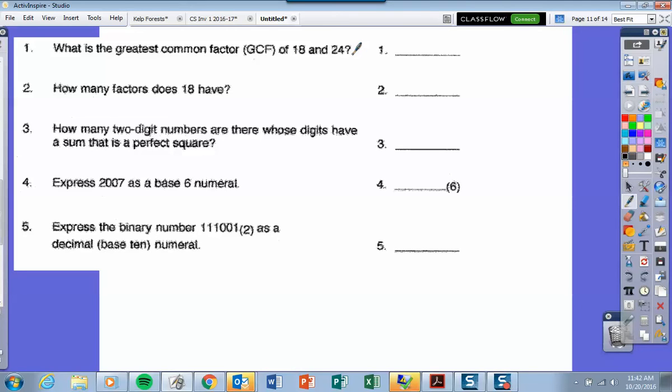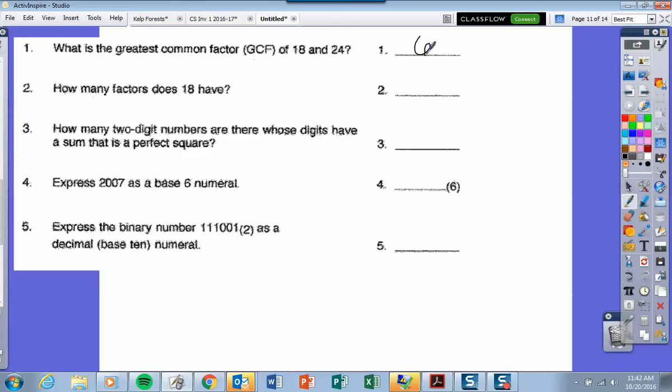Which is going to be the way that I did it. So I went through, I found the factors, and I said that there is 1, 2, 3, 6, 9, 18 go in here. Over here I know that 9 and 18 don't go in, but 6 does, which makes 6 the greatest common factor of this.